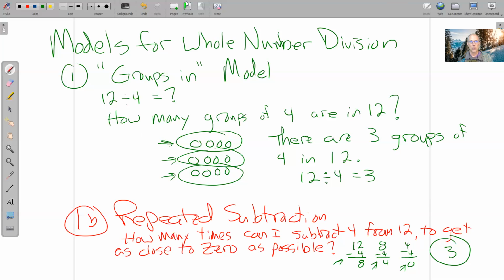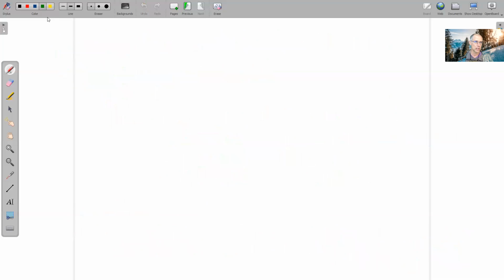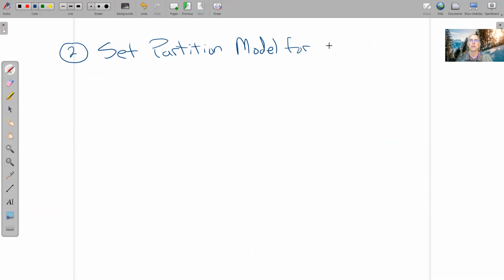If we compare that to the other that we saw on the previous page, this is going to be model number 2 officially. This is called sometimes the set partition model for division, excuse me. And let's use the 12 divided by 4 again as our example, and we'll try some other numbers in a minute.